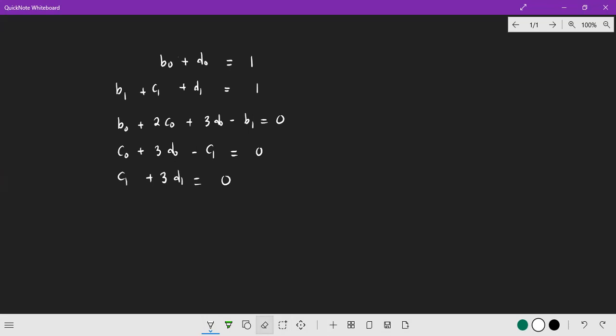And here again we also don't have c naught. So we have b naught plus 3d naught minus b1. Where else do we have c naught? Again here we don't have c naught, so c naught is gone. We just have this one here. Okay, so those are our new equations.